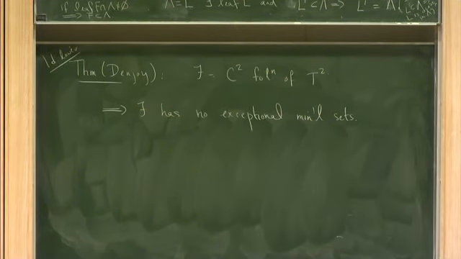In a few minutes, we're going to describe an operation called Denjoy blowup and see that you can find foliations of T2 that do have exceptional minimal sets, and so by Denjoy, they're necessarily not C2.